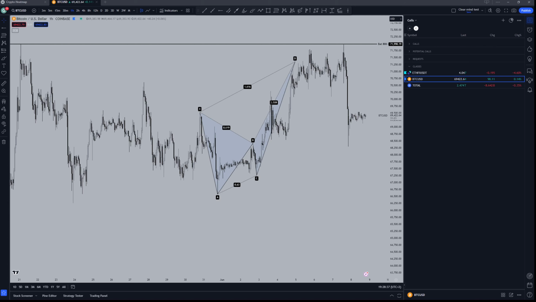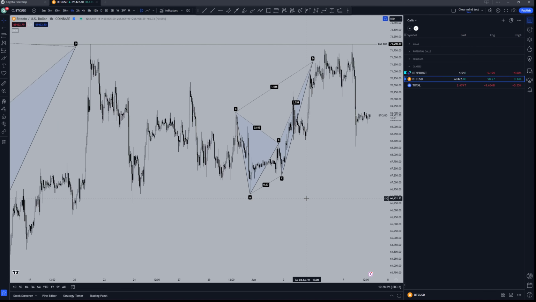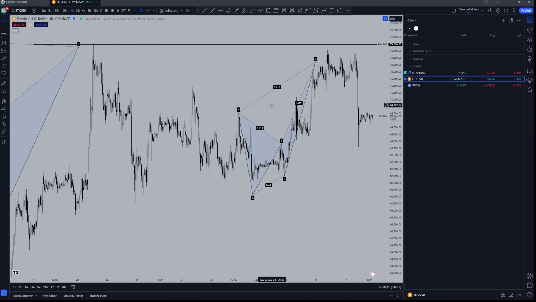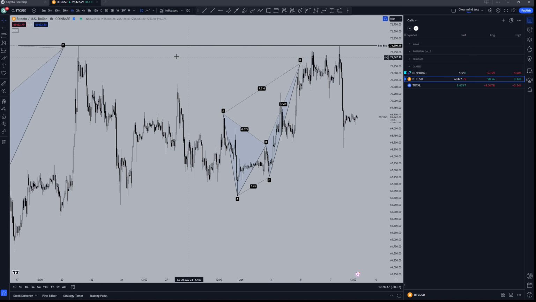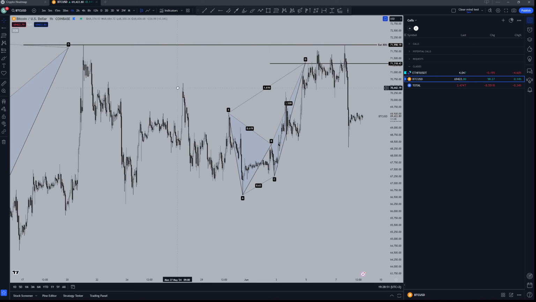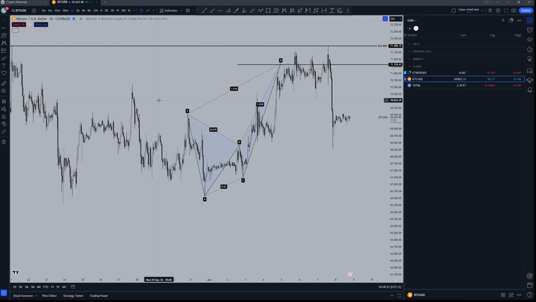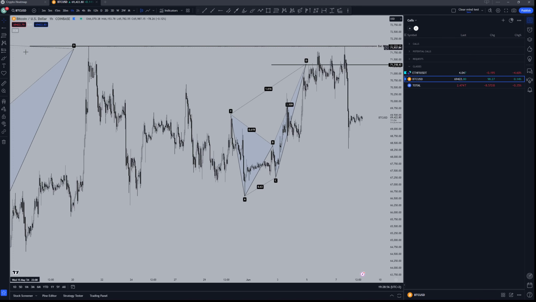I don't know if the ratio is beside me, but it should be a crab, because of the 0.618 and the 1.618, and you can get that as an extra confluence in the same area, or as a way to find that entry model, for example. And you can essentially just do that with every M and W shape you have in this area.